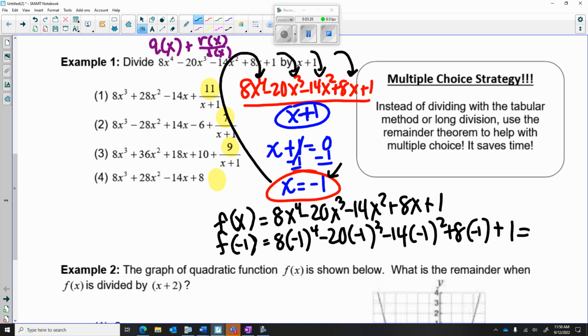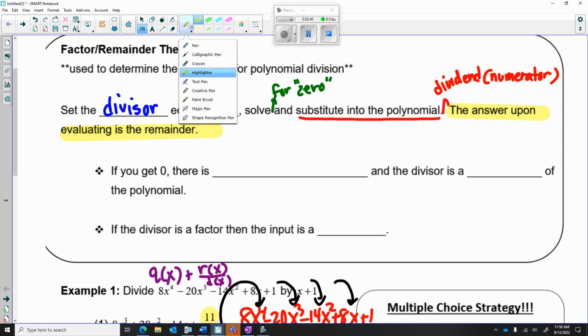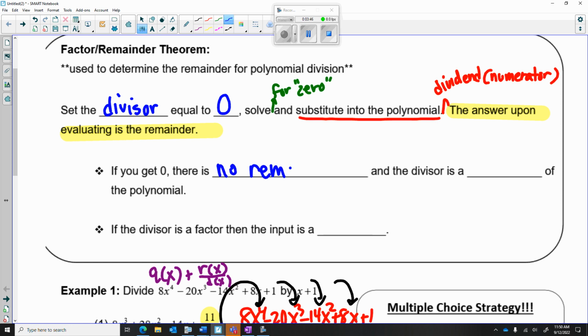Going back to the top here, it says the answer upon evaluating is the remainder. That is really, really nice. If we get a 0 when we plug in that number, then there is no remainder, or 0 remainder.